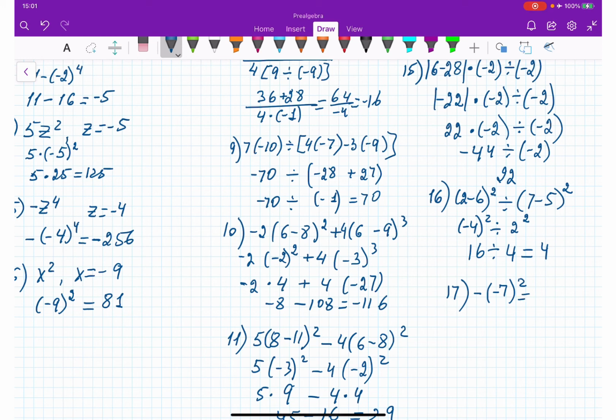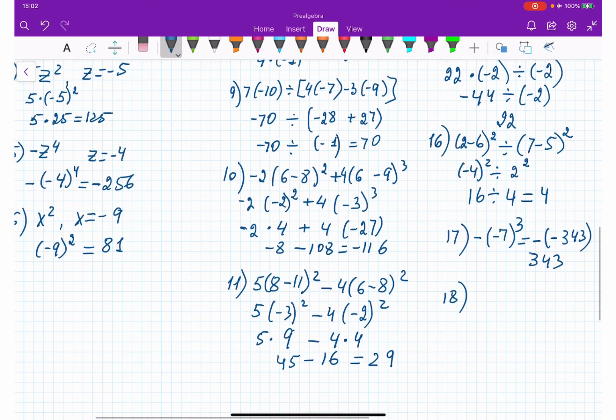That is going to be, let's do more interesting, cube. Okay, so since it's a cube, it's going to be negative 343, 7 times 7 times 7. And the answer will be negative 343, right?